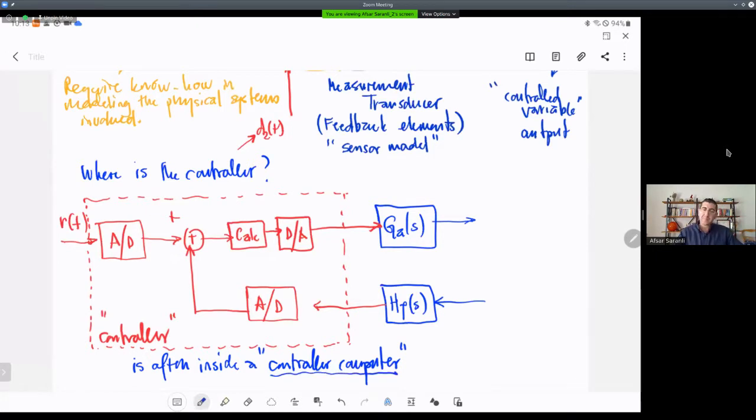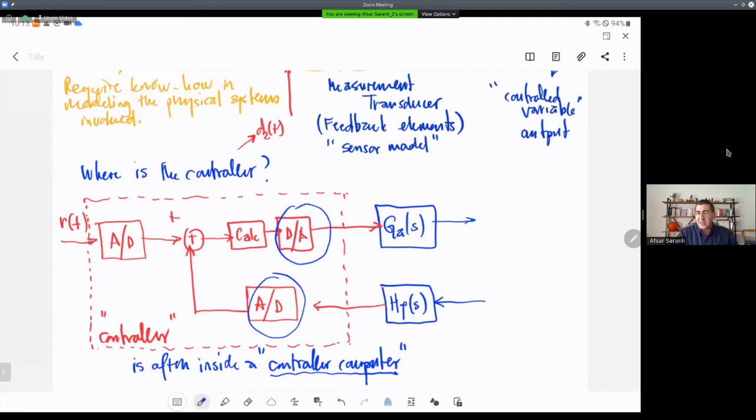Obviously, the presence of this analog to digital and digital to analog converter makes whatever happens inside this digital domain somewhat different from what's happening in the analog domain.